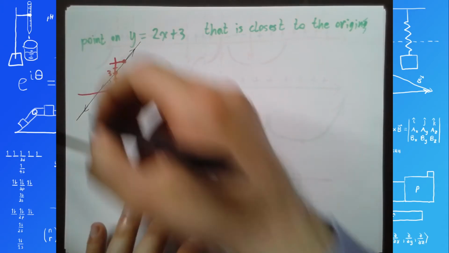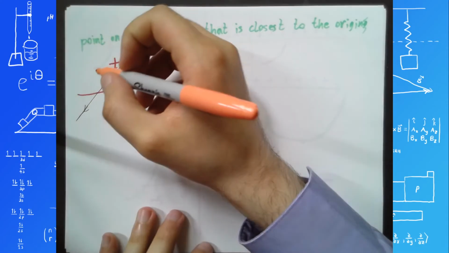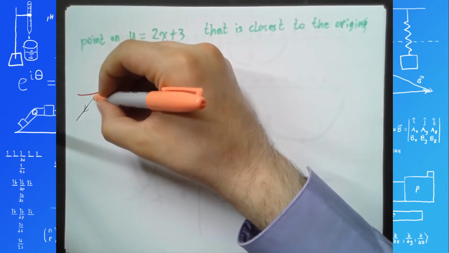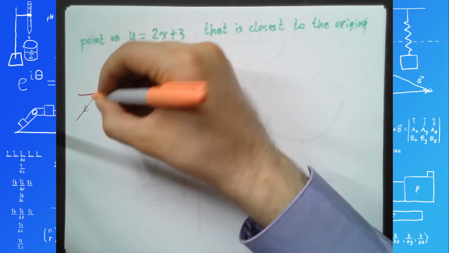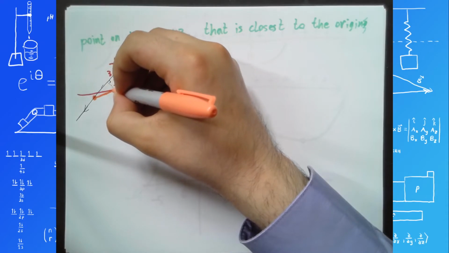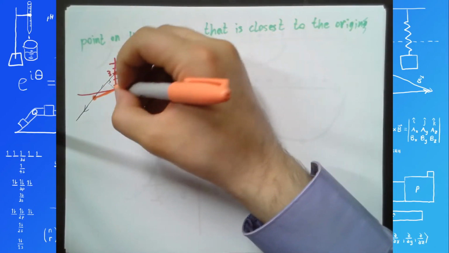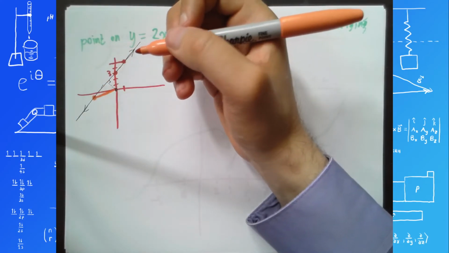So let's assume we didn't know that. Let's assume our closest point is just some arbitrary point along here. Let's keep it arbitrary for now. And this orange line that I just drew represents the distance between the origin and that point.